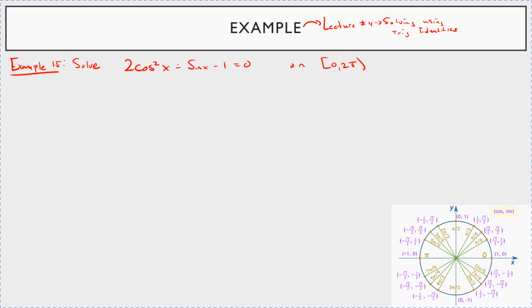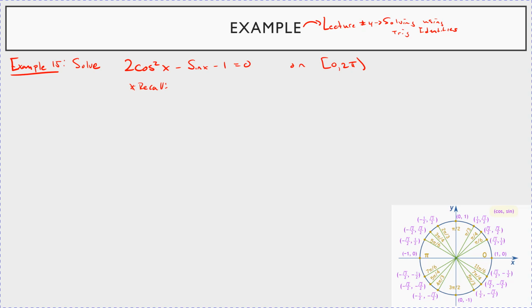All right, here's the problem. I can't factor this because I have sines and cosines, so this isn't so easy. But look, do we have a Pythagorean identity for cosine squared to put it in terms of sine? Yeah, we do. Recall, and I highly encourage you to have a cheat sheet of all these trig identities.